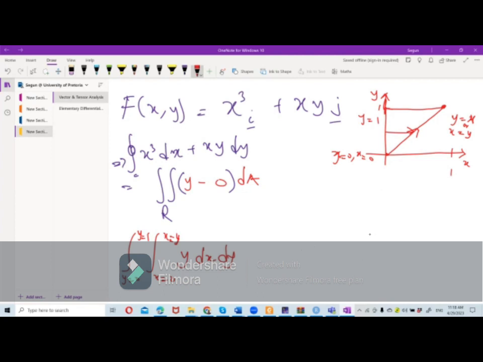Any question? Any question, please? Yes. So it means the last part you wrote now is the answer. You have to integrate it now.